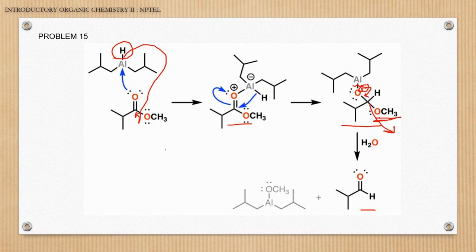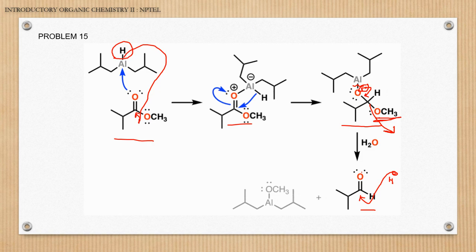If you use lithium aluminum hydride instead of DIBAL-H, then you have four hydrides present, right? As soon as you have generated the aldehyde, another hydride of lithium aluminum hydride will attack and you will generate an alcohol.